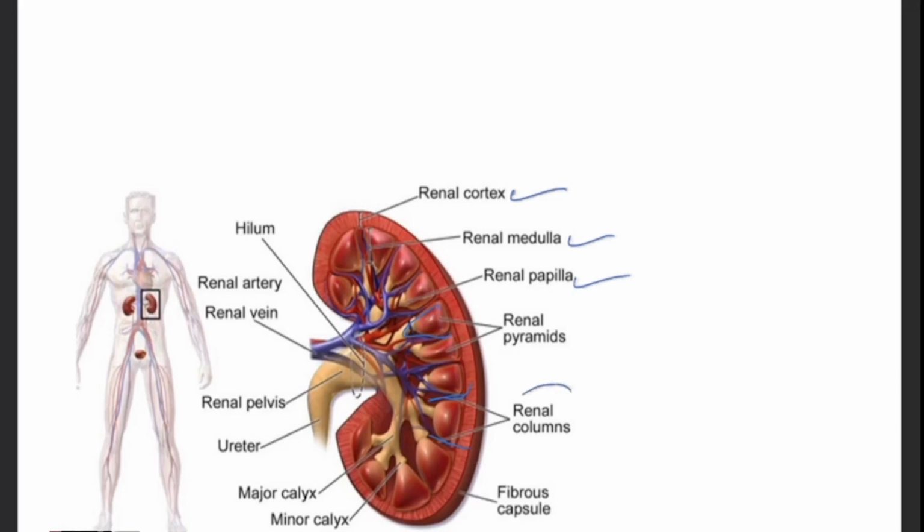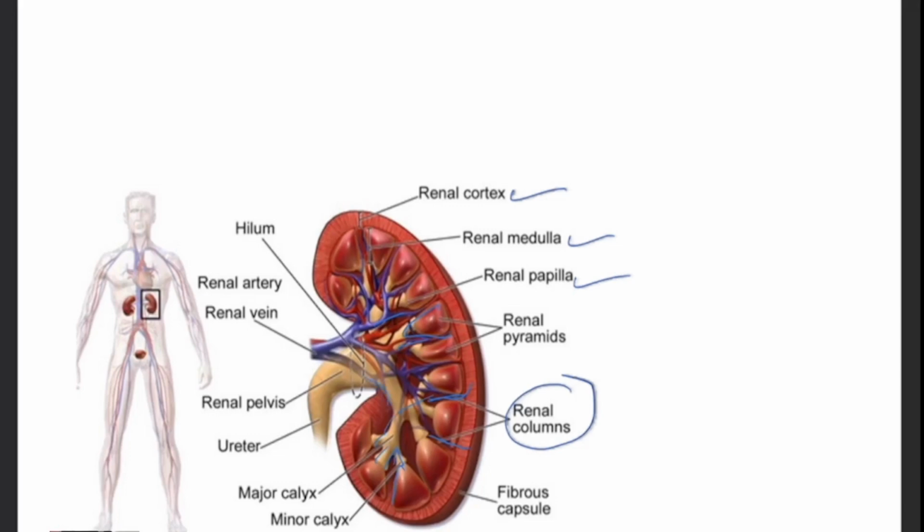They are called the renal columns. You can see the pyramids are opening into the minor calyxes. Minor calyxes join together to form major calyxes. Major calyxes are usually 3, the upper, middle and lower.